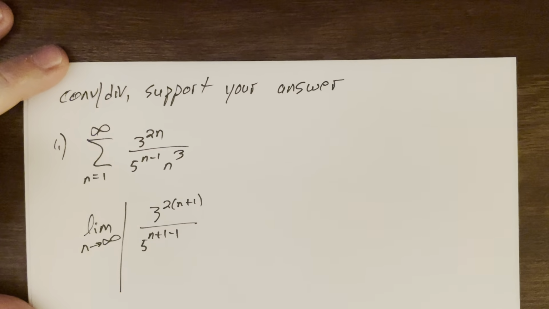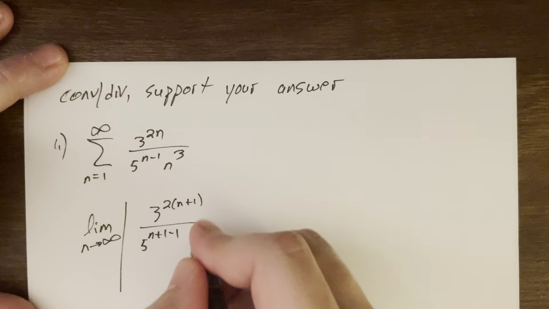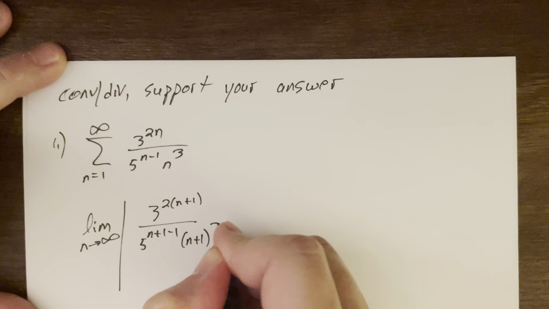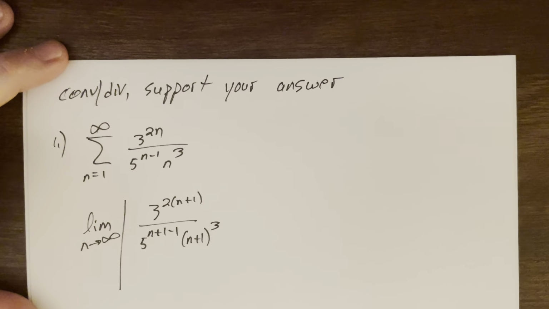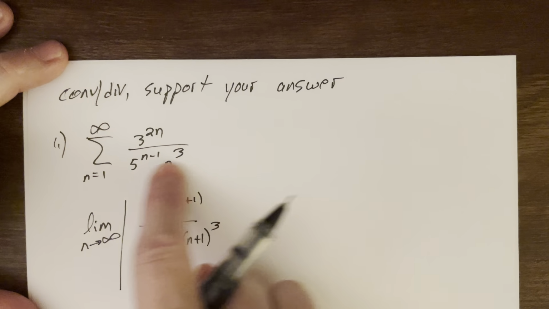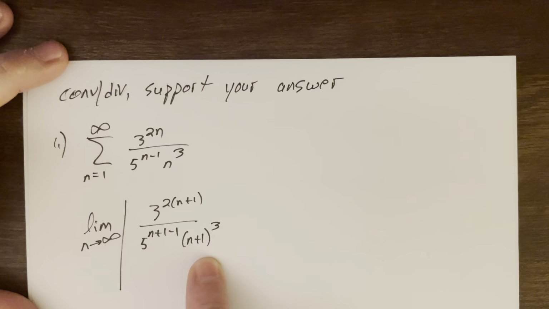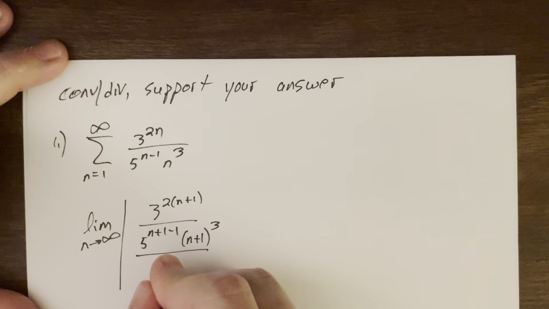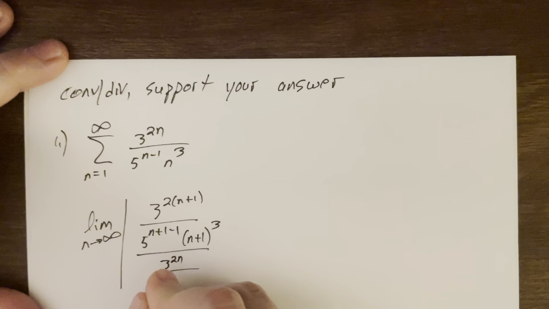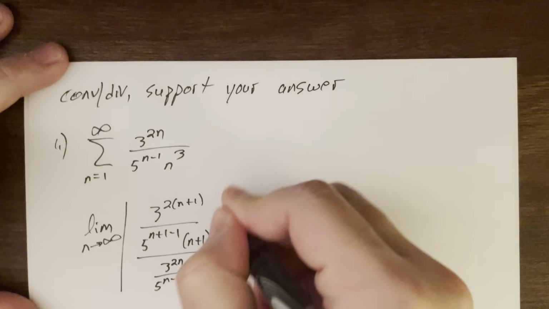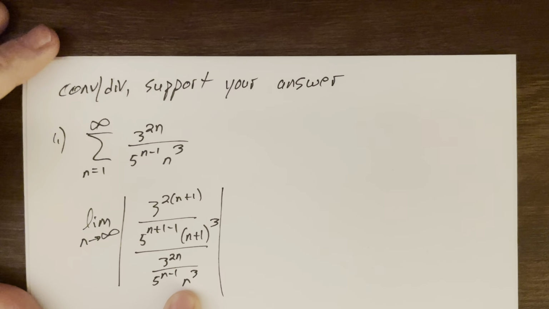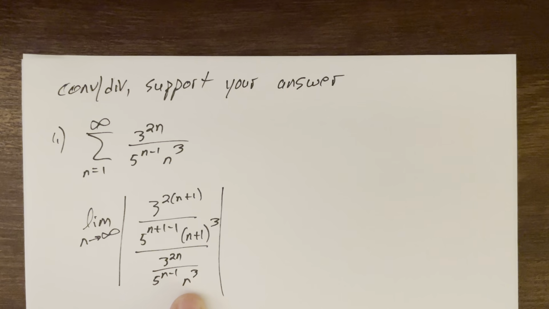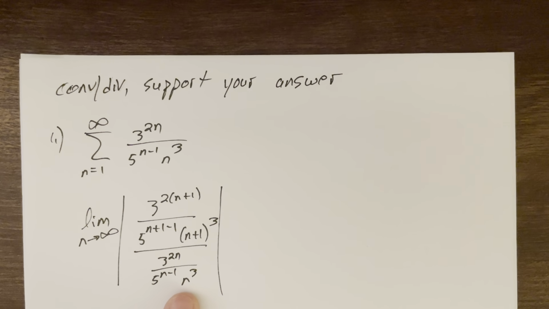The minus 1 is still a part of that exponent. N becomes n plus 1. The cube is still there as an exponent. All of this is a sub n plus 1 divided by the original, that is our a sub n.